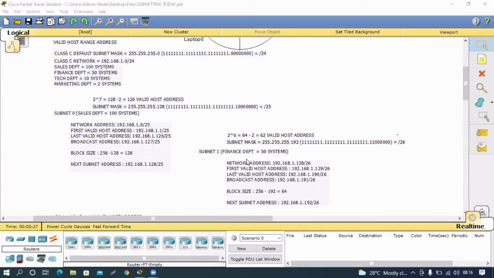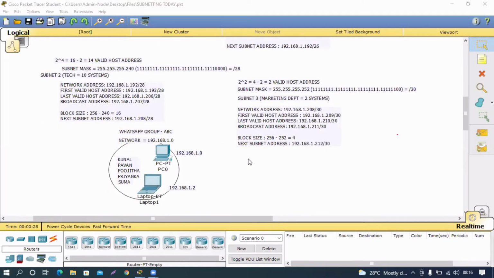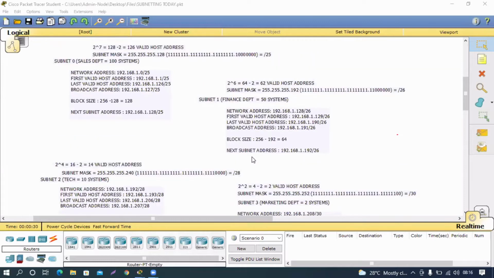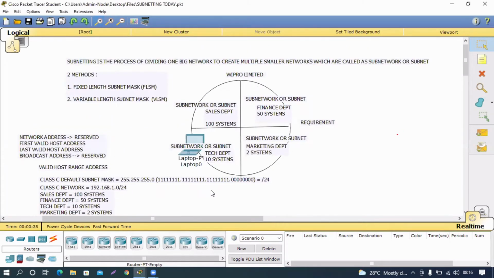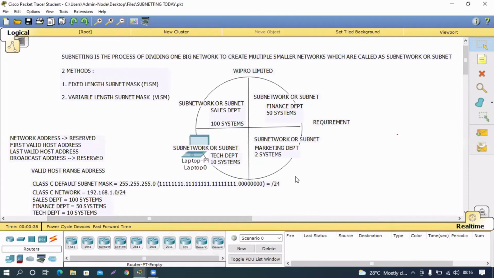And 2 raised to 24 is what? 2 raised to 24 is 16777216. Okay.